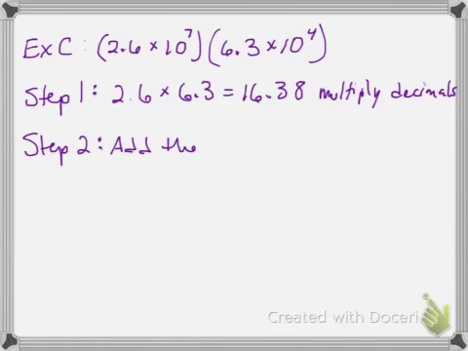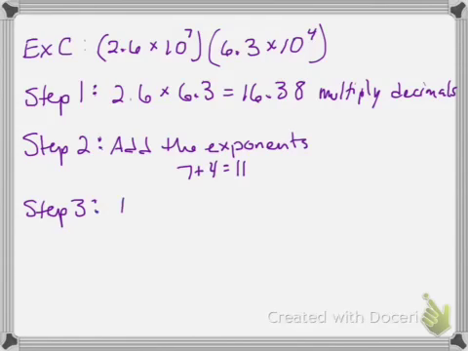And the reason we're adding them is, as you guys learned, when you're multiplying two things together and they have powers, you add the exponents. So we're going to add 7 and 4, and that gives you 11. So if we were to write this in scientific notation, you've got 16.38 times 10 to the 11th.